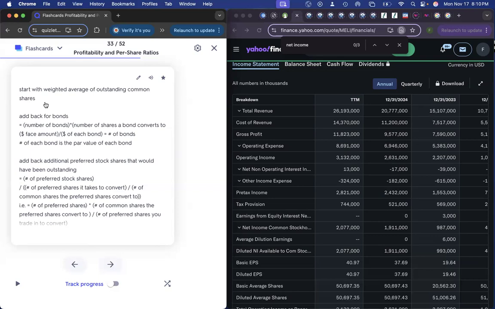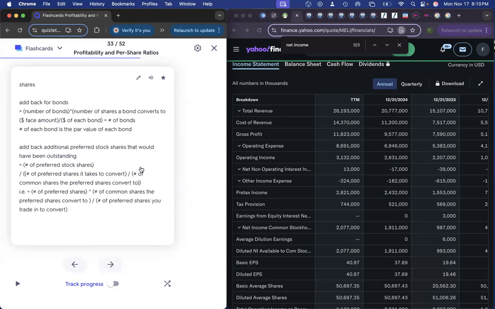And then you also add back the additional preferred stock shares that would have been outstanding. So you have the number of preferred stock shares divided by this next fraction, number of preferred shares it takes to convert over number of common shares the preferred shares convert to. That second fraction is like saying if you give me 5 preferred shares, I'll give you 2 common shares.